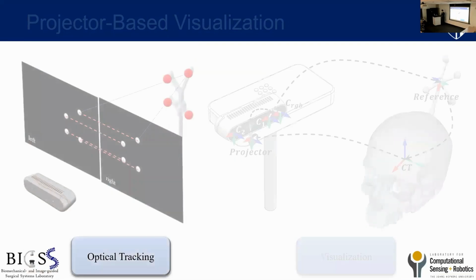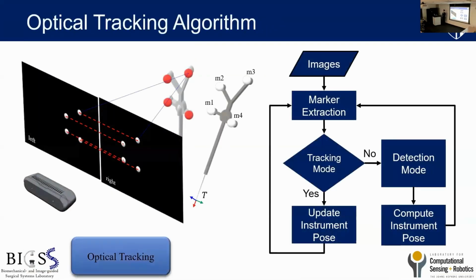Next, we want to use the surgical instrument to trace the defect contour. We have developed an optical tracking algorithm to detect this instrument by stereo vision triangulation. For each stereo image that comes in, we first detect the markers, and then we can triangulate their 3D coordinates.